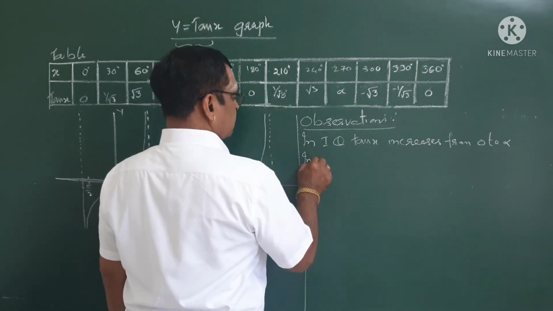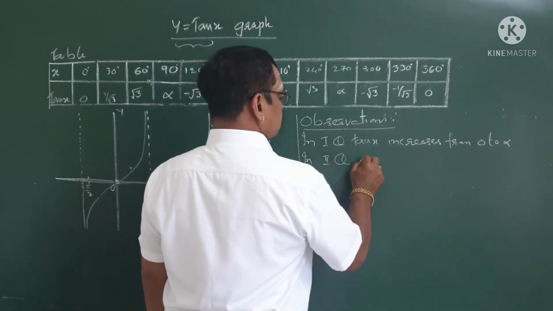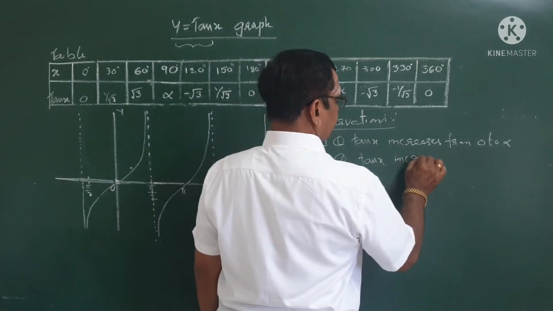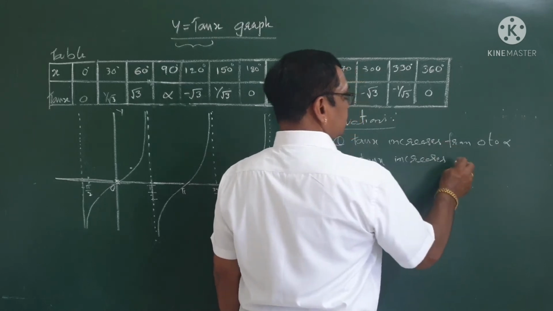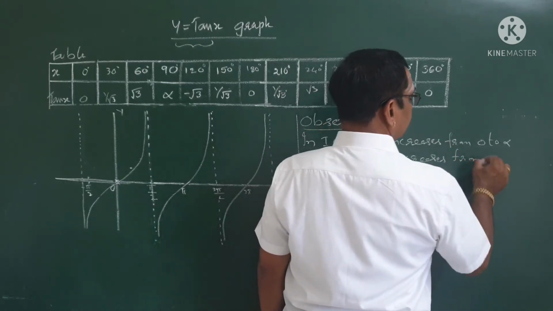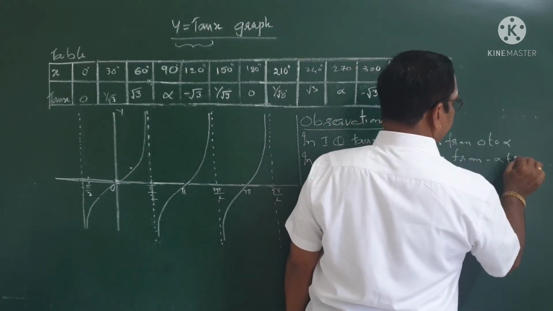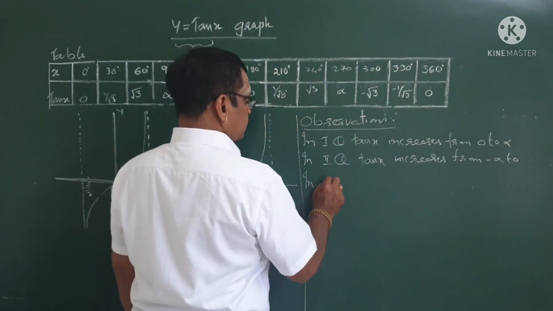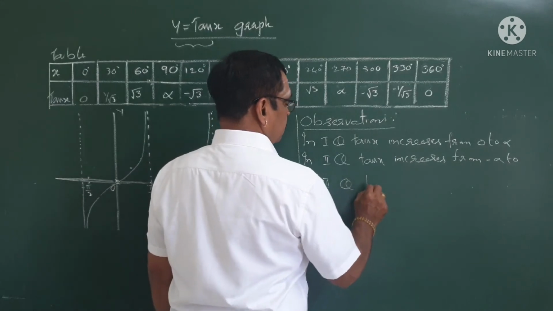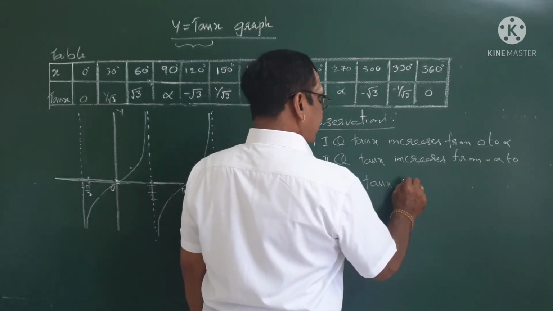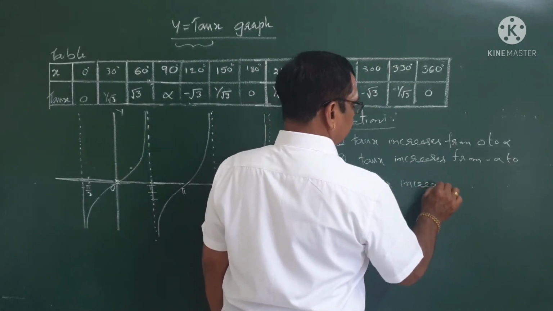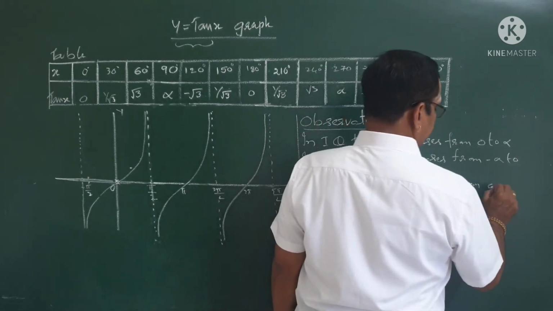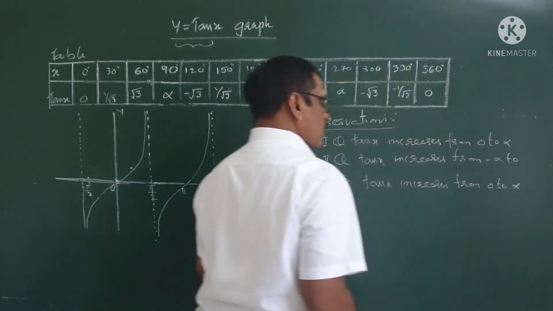In the second quadrant, same, tan x increases from negative infinity to 0. Next one. In the third quadrant, my tan x again increases from 0 to infinity.